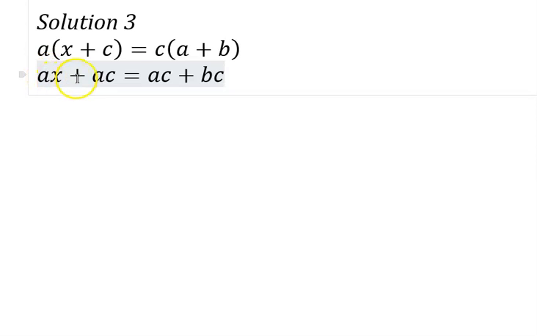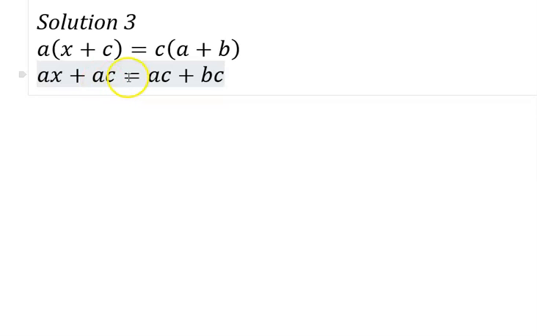Now we have ax plus ac equals ac plus bc. Because we have ax, ac, ac, bc, some terms are common. But our aim is to make our x stand alone. So this ac is one of those things that are disturbing our x here.